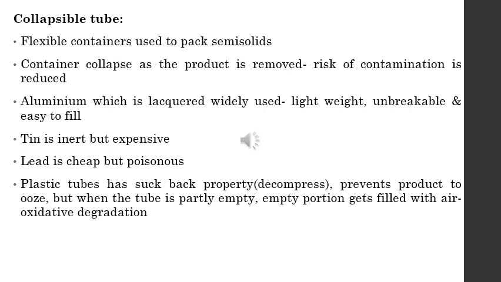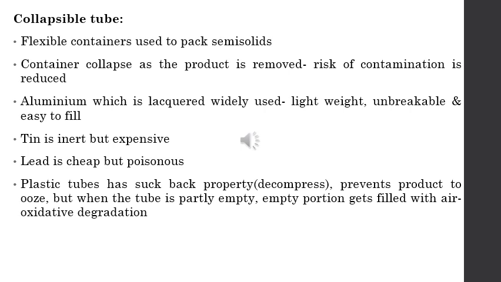The next part is collapsible tubes, which are generally used for packing semi-solids. As the name suggests, the container will collapse once the product is removed. With this collapse, the risk of contamination is reduced. Aluminium is generally used for preparing collapsible tubes, which are lacquered or coated.